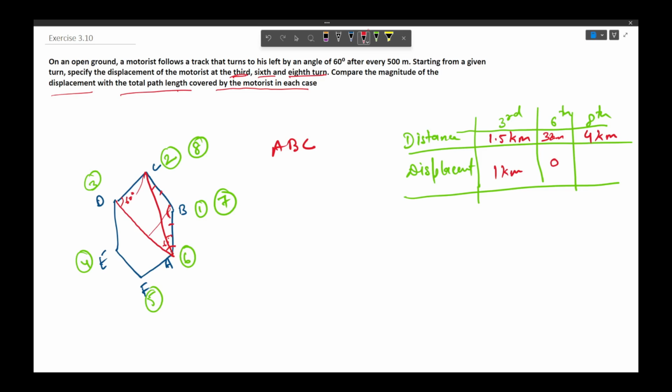Now since we have to calculate AC, that would be equal to AB cos 30 degree plus BC cos 30 degree. That would give us 500 cos 30 plus 500 cos 30.